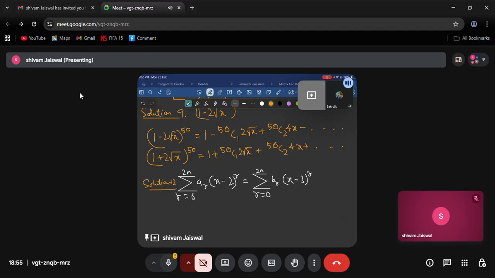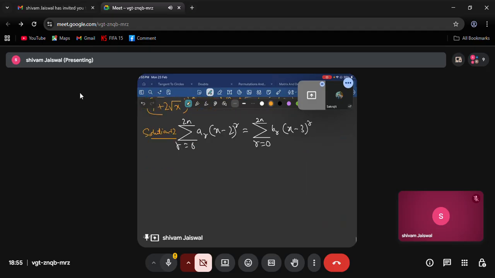What are we getting? We are going to get a0 into x minus 2 whole to the power 0 plus a1 into x minus 2 whole to the power 1 plus a2 into x minus 2 whole square plus dot dot dot dot.